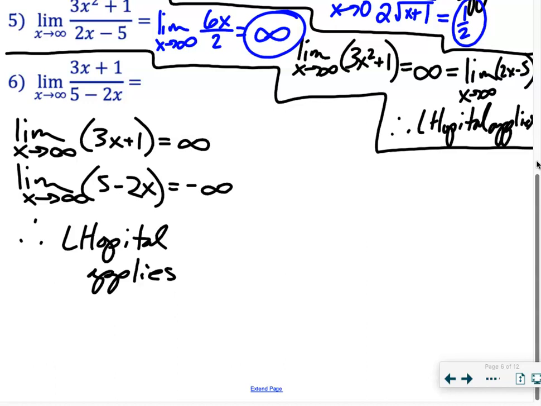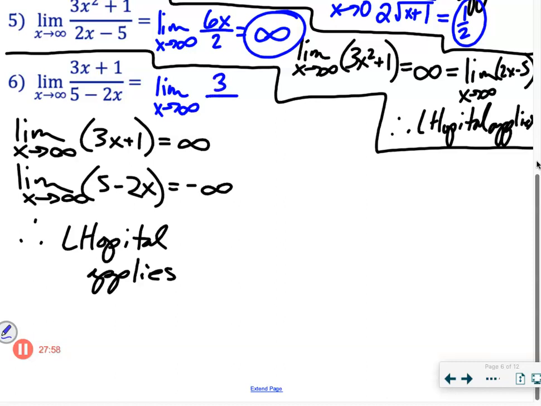So anyway, all right, take a second and apply it. What's the derivative of the top? 3.